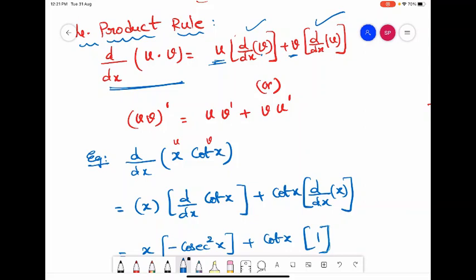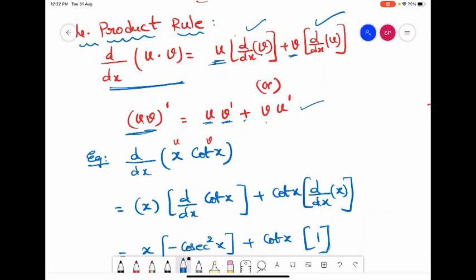Or you write it as (uv) dash, the derivative of the product u into v, is equal to the first term u into v dash, the derivative of the second one, plus v into u dash. This is very, very important, and we keep on using this product rule, quotient rule, each and every formula extensively when doing differentiation.